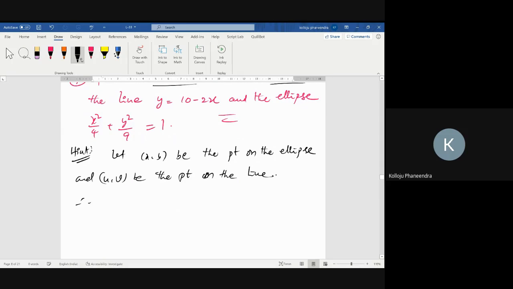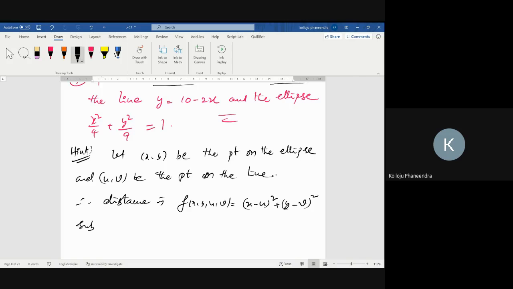Therefore, what is the distance between these two points? I'm considering this as f of x, y, u, v. The formula for the distance between two points is x minus u whole square plus y minus v whole square, under root. But I'm removing the under root, because if this is maximized or minimized, the square root is also maximized or minimized. So no need to consider the square root.